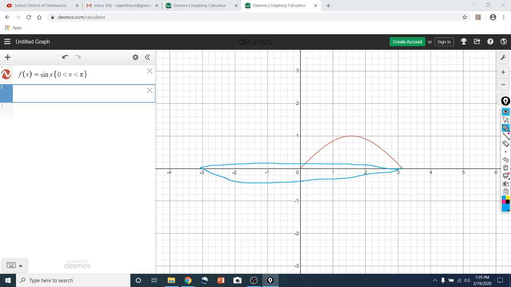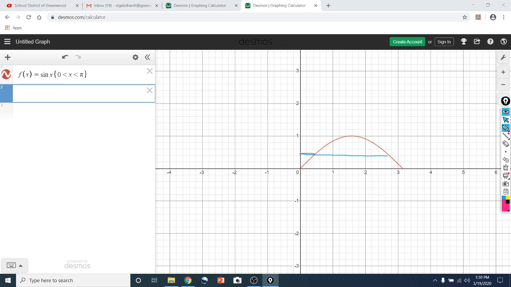We could certainly do this with washers, but it's going to be a little tricky because in order to do that, our big R would be this distance, and our little r would be this distance.